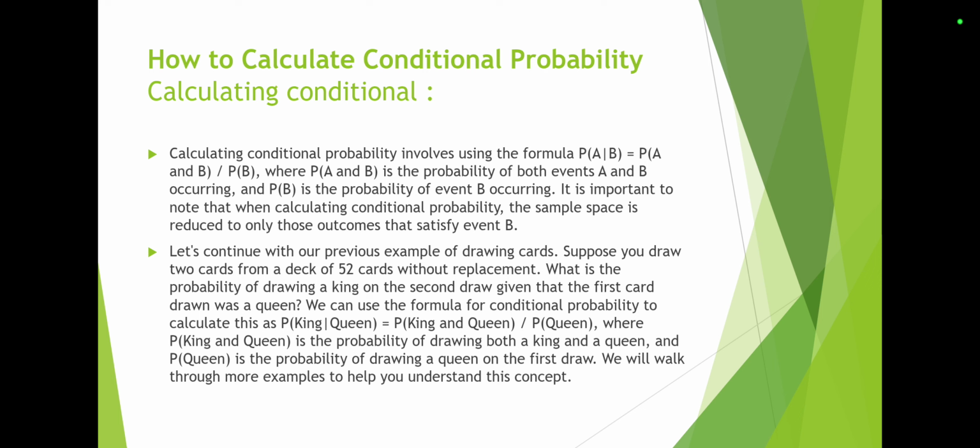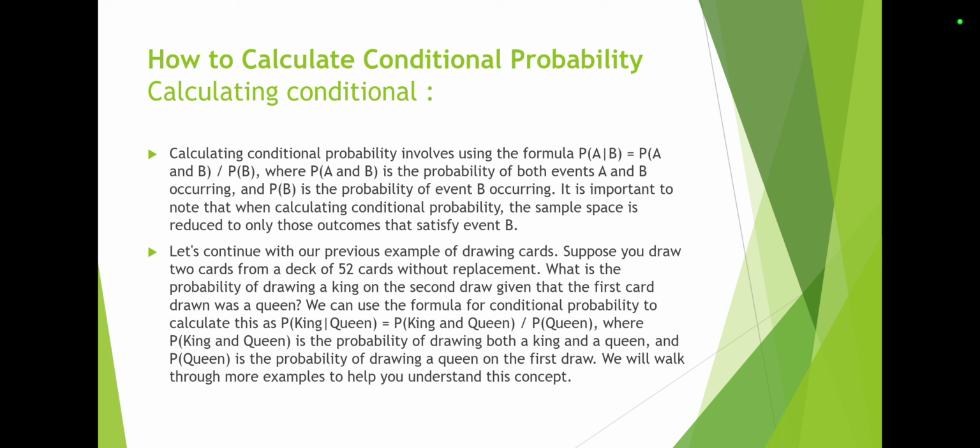Now we will know how to calculate the conditional probability. Calculating conditional probability involves using the formula probability of A by B is equal to probability of A and B by probability of B, where probability of A and B is the probability of both events A and B occurring, and the probability of B is the probability of event B occurring.